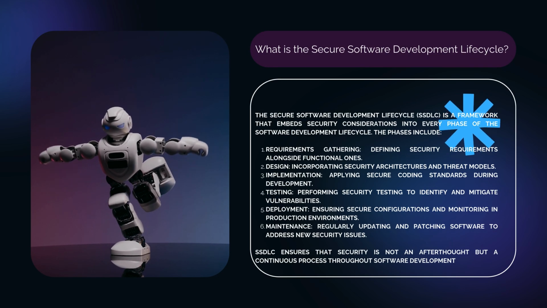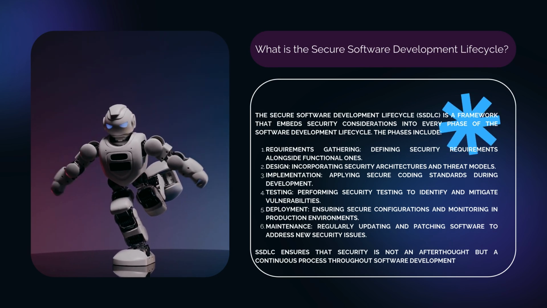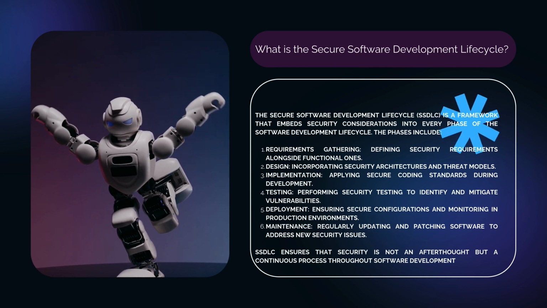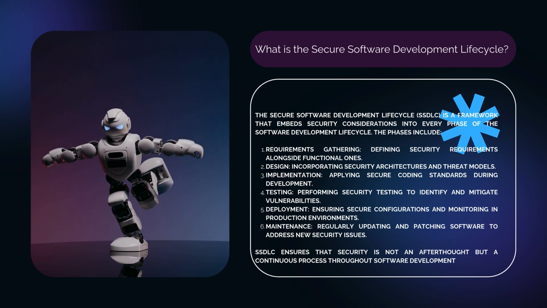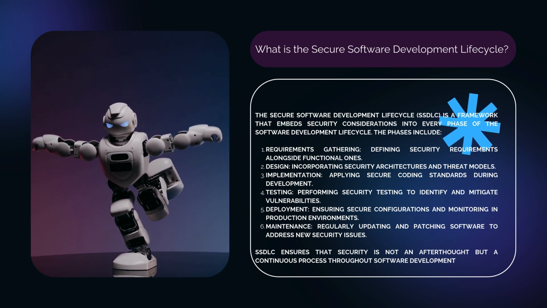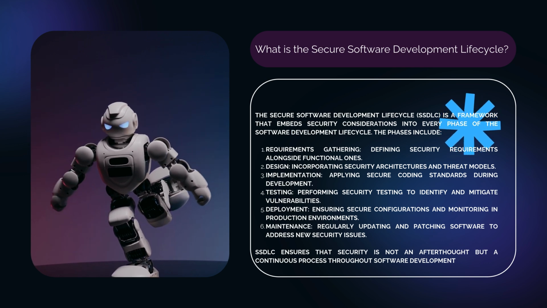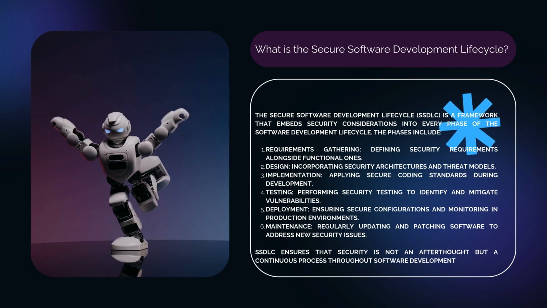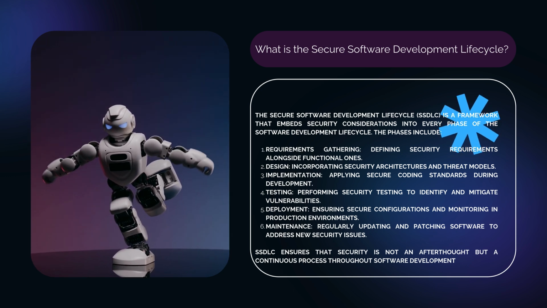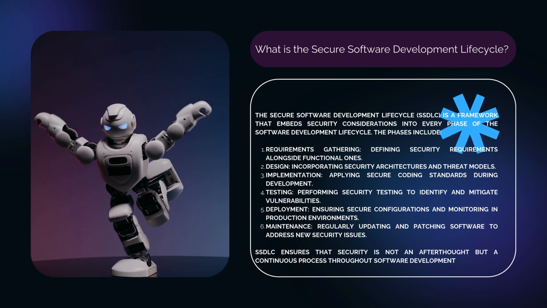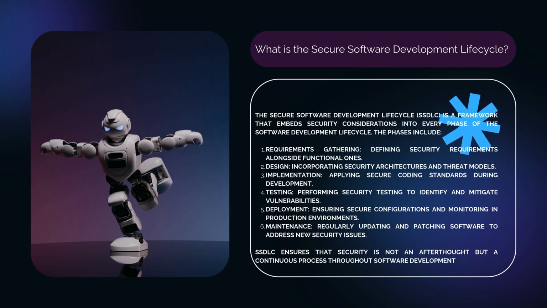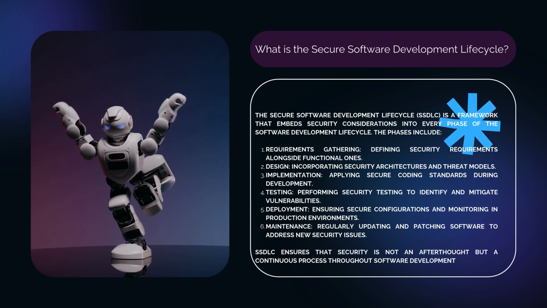And that leads us into what is the secure software development lifecycle. So the secure software development lifecycle, or the SSDLC, is a framework that embeds security considerations into every phase of the software development lifecycle. The phases include things like requirements gathering, where you're defining security requirements alongside functional ones. Your design, where you're incorporating security architectures and threat models, and then your implementation, where you're applying secure coding standards during development.